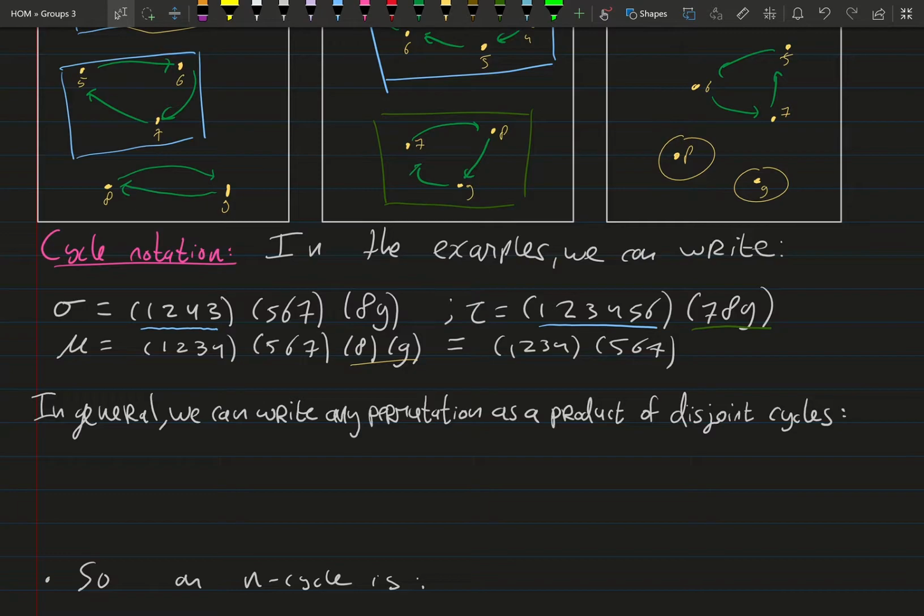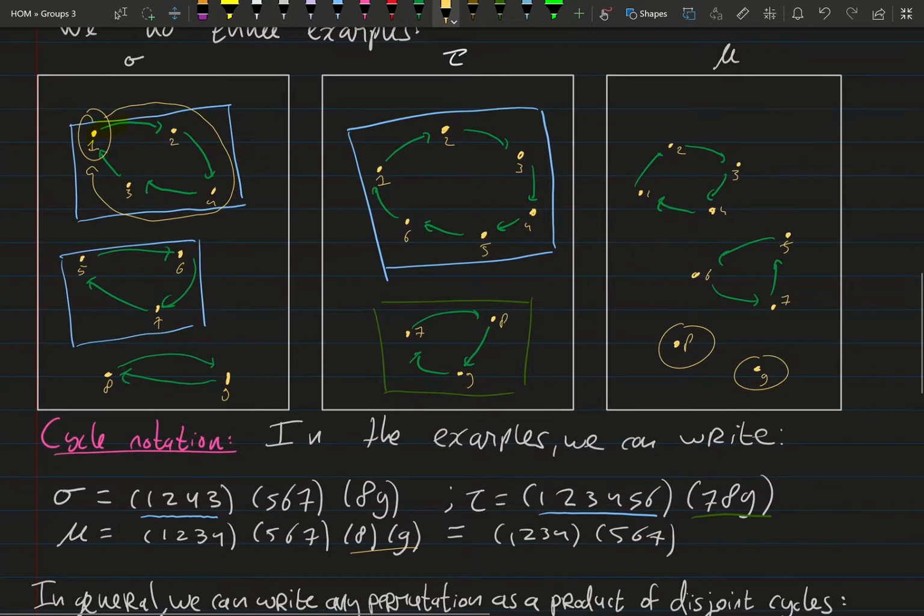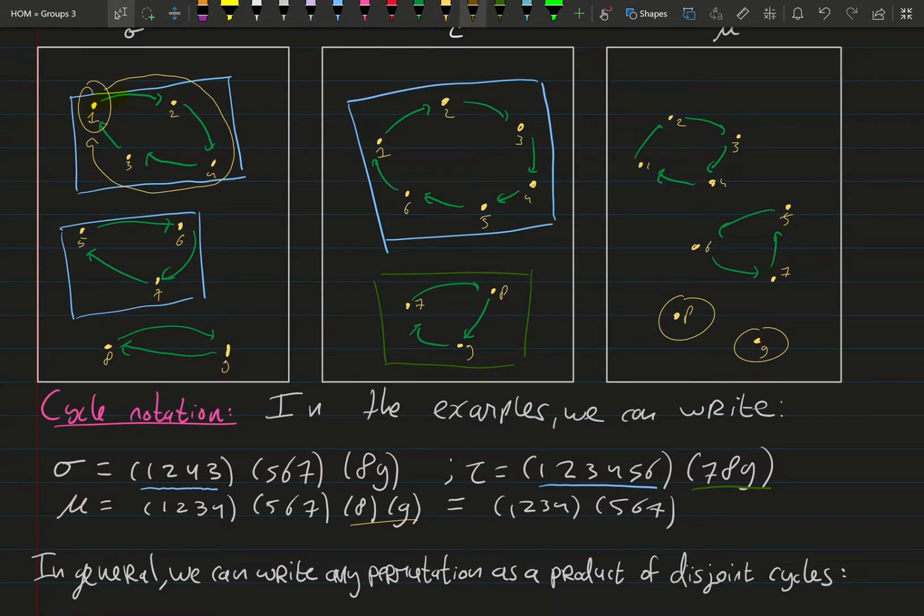So in general we can write any permutation as a product of disjoint cycles. This disjointness means that, for example, this point is only in this cycle, and this point is only in this cycle. So there are no cycles that have points in common.